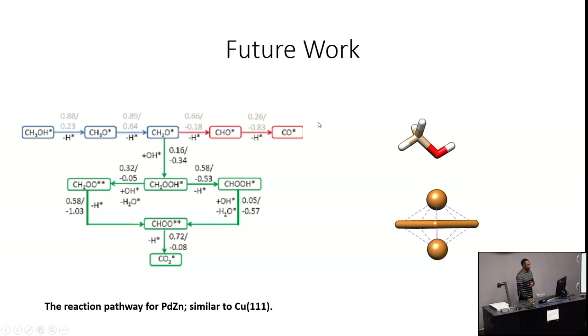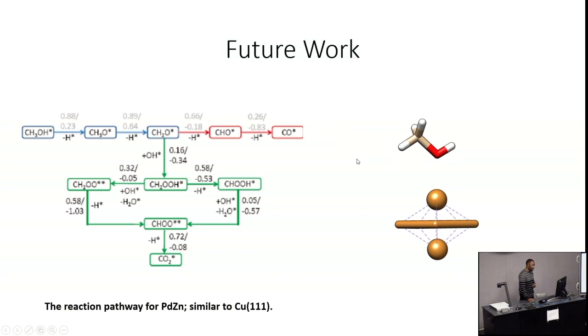It's also not environmentally friendly either. So if we can redirect our pathway towards carbon dioxide, that would be really significant. But currently most pathways lead to carbon monoxide.